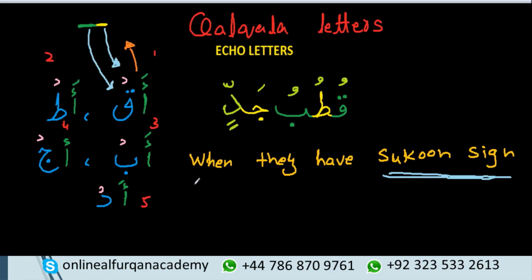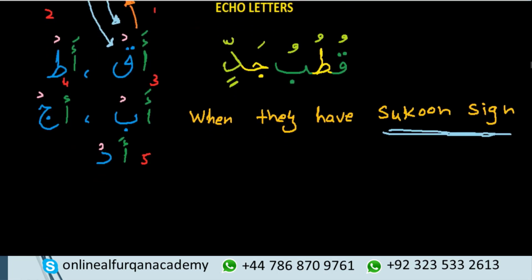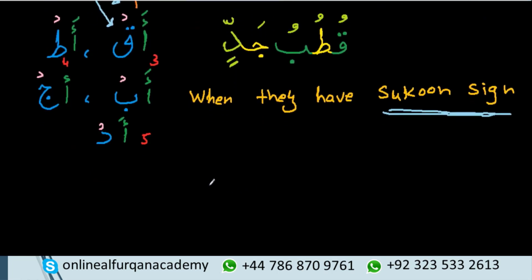Fine. Now maybe you are thinking, why do we do echo sound on these 5 letters? To explain this, I need to draw here, for example, let's take the example of Ba. We pronounce letter Ba from the lips, right? The articulation point of letter Ba is that we pronounce it from the lips here.